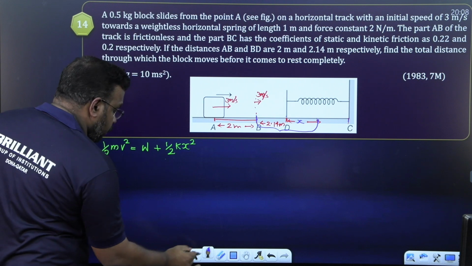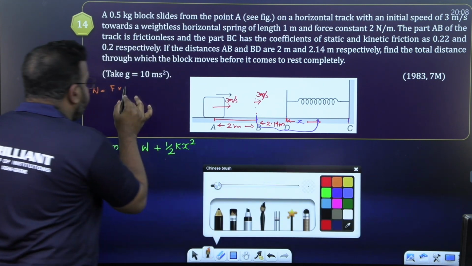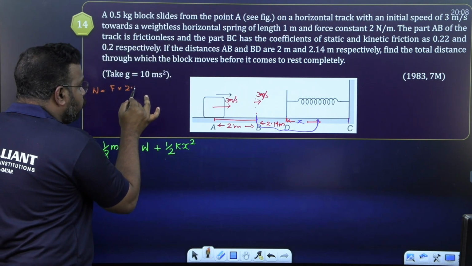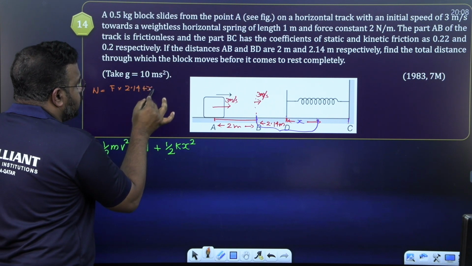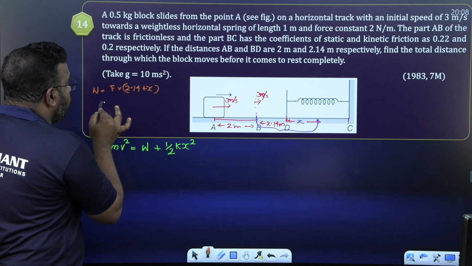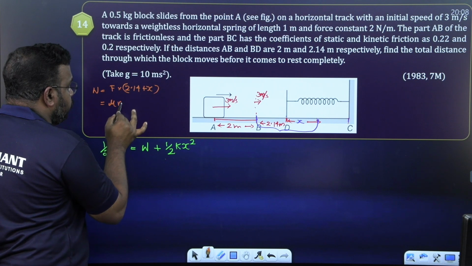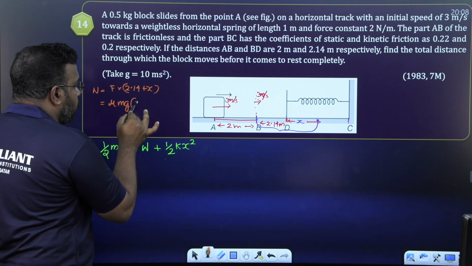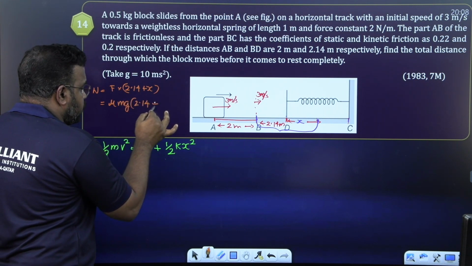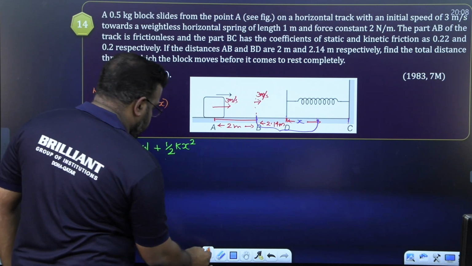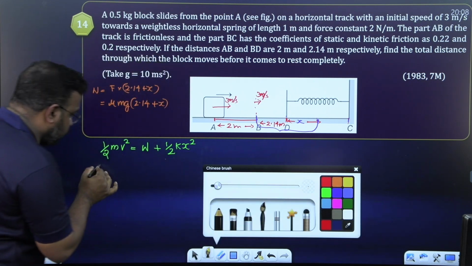So when we are calculating frictional force, you have to write F into 2.14 plus x. Now F is what? Mu N, which is mu mg, into 2.14 plus x. So you can substitute that value here. Look, what result are we getting?